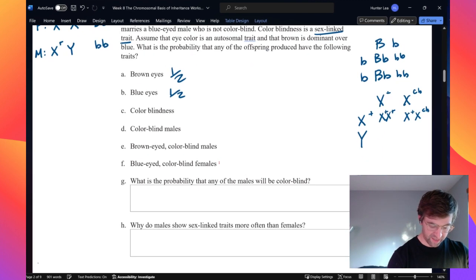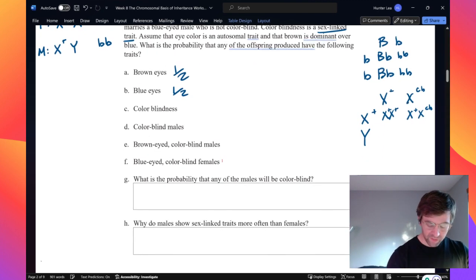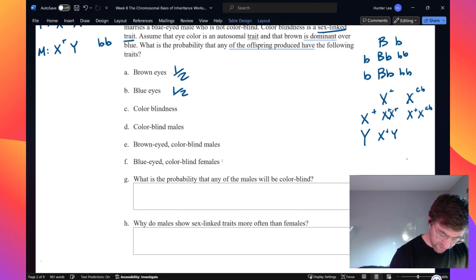Let's make sure you can see that. Top right of this Punnett square, we've got a carrier. Here we have a male who's not colorblind. And here we have one male who is colorblind. So color blindness would be 1 in 4.